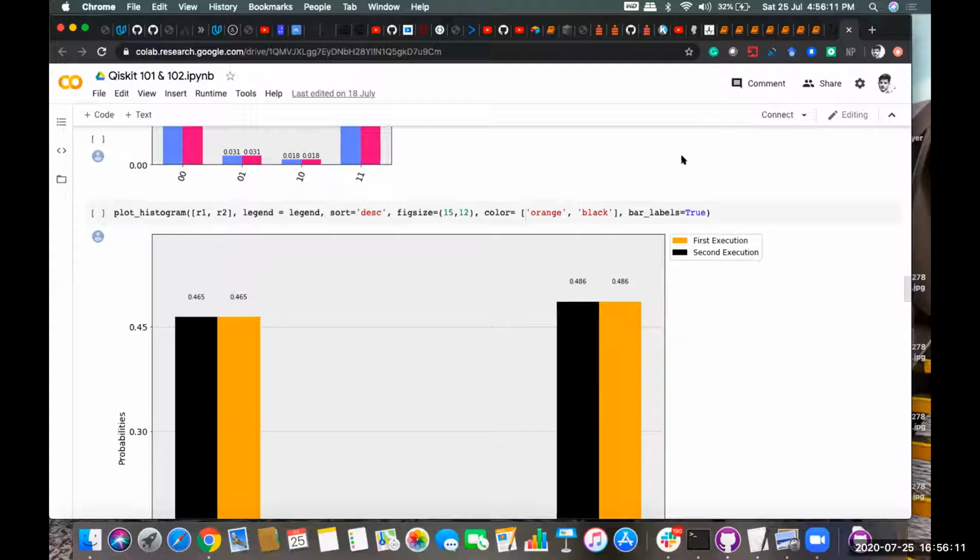Then after that, we covered several quantum algorithms, like Grover, which was covered by Rahul and Rana.